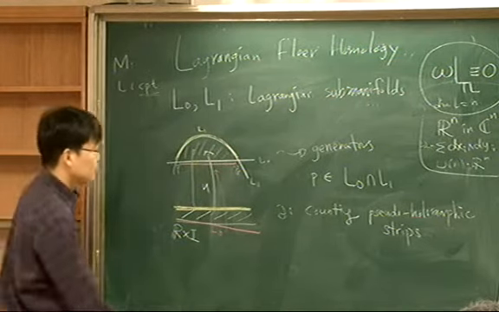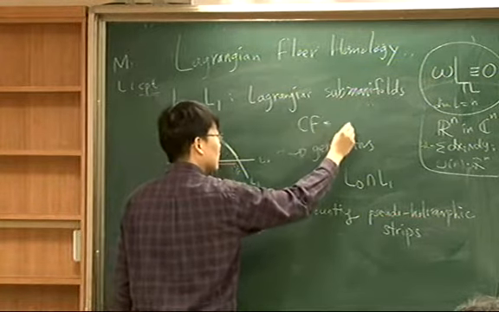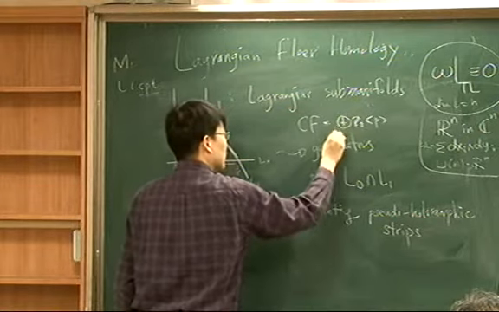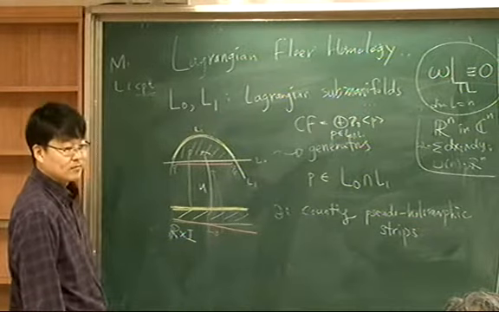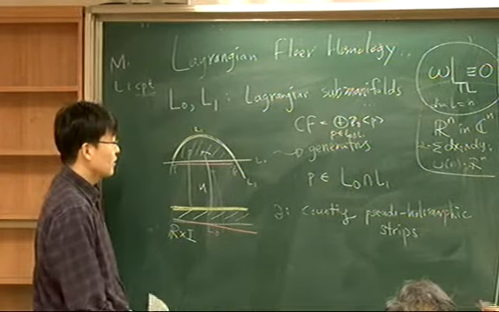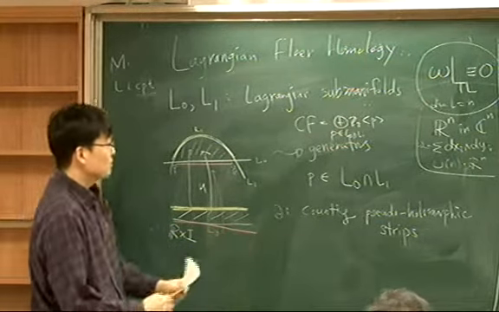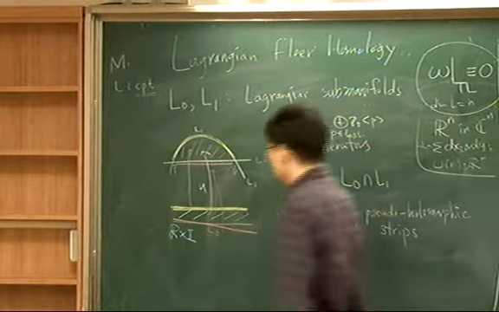What do you mean by generators? So again, you set up P in L0. And then the differential. This is a different setting of the homology. Yes. So the generators here are closed orbits. Here, intersection points.